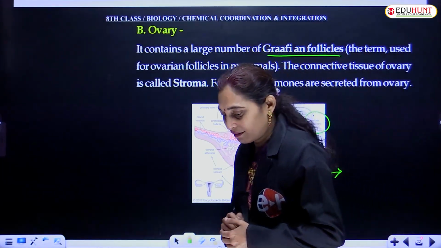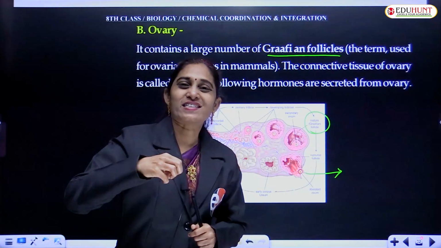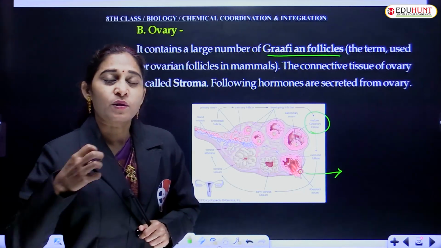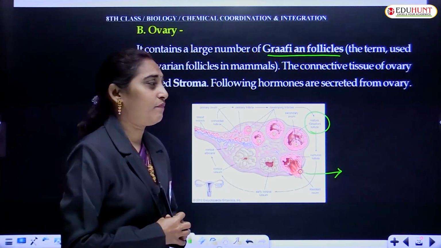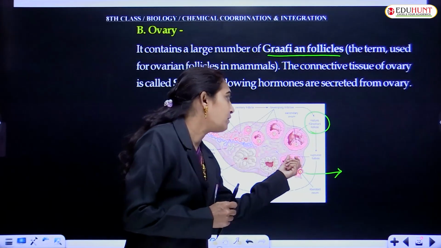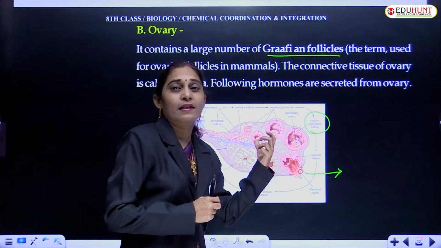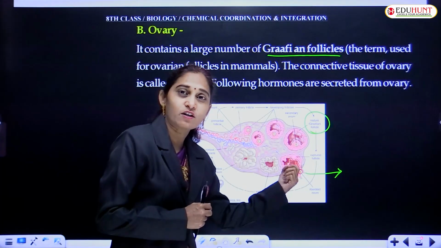Why should it be released? It should be released to facilitate the fusion of sperm with the egg. That is called fertilization. If it is enclosed within the Graafian follicle, the sperm could not reach the ovum to fertilize it.